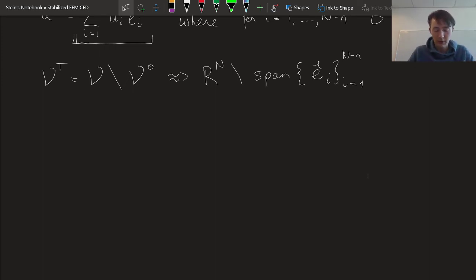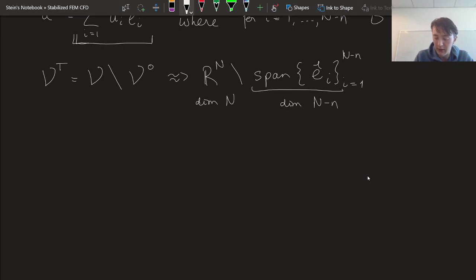So if I have here a capital N dimensional space, and this one is n minus n dimensional, then that means that Vt is going to be small n dimensional, right? So these are the remaining functions that do not satisfy the constraint.